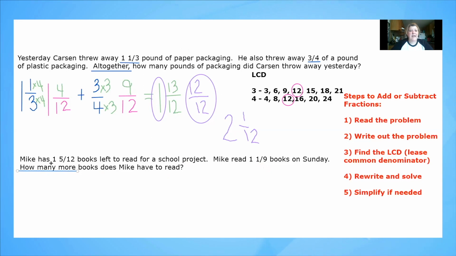So he has to read 1 5/12. He has already read 1 1/9. We need to use those 2 numbers to decide how many more does he need to read. So we're going to write out our problem. We're going to start with 1 5/12.